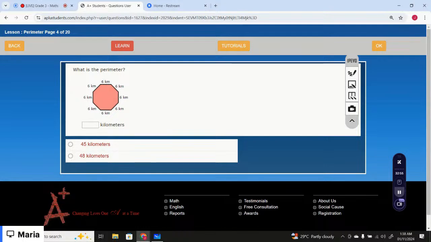What is the perimeter? The correct option is 8.